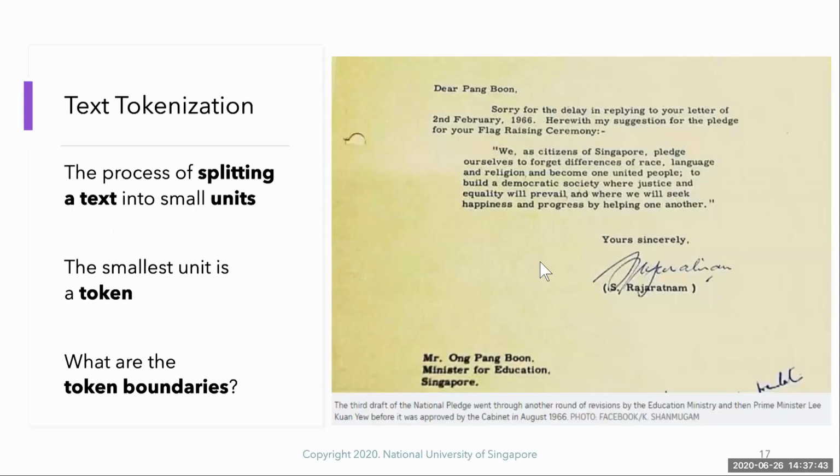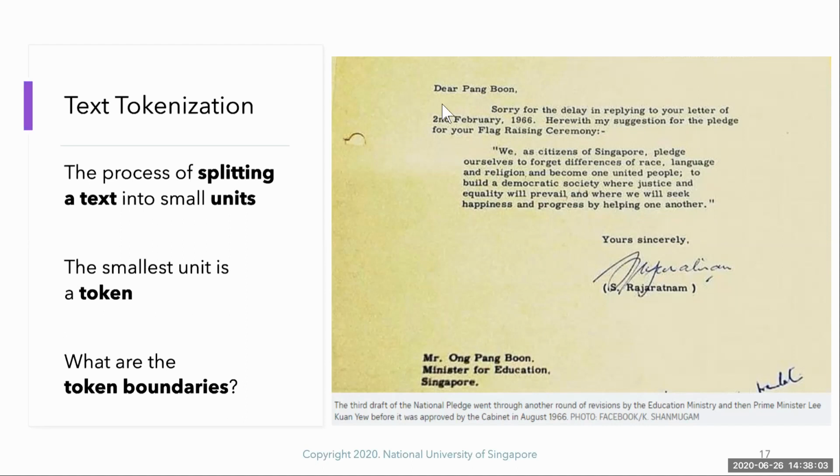What is tokenization? It sounds like a very big, difficult word, but actually, it's just splitting a text into small chunks, and the chunk is usually a word. In this example, this is the national pledge.